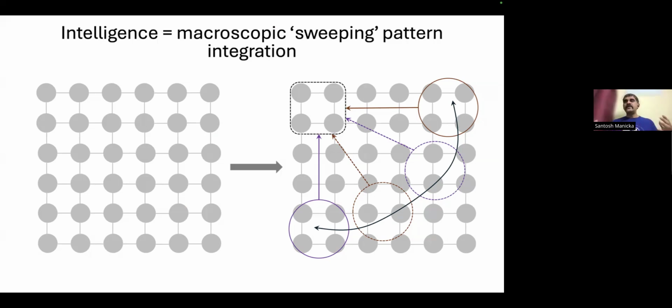Because you want to know the patterns that spread all over the space. So you want to collect pieces of information and then integrate them into your system before you make a decision. I think that's what is happening here.